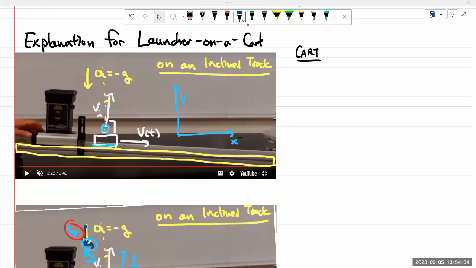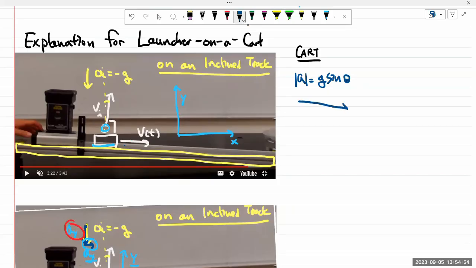So for the cart, let's see. I know the magnitude of acceleration of the cart. I'm just going to use a formula that I happen to have memorized. You will learn how to derive this next week. And this magnitude has to be broken into two parts.